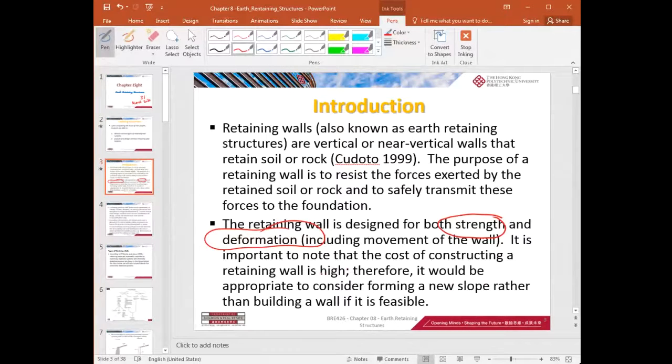So in Hong Kong, it's very common to see very high retaining walls. And also, in parallel, you have either a retaining wall or a very high and steep slope next to our wall or next to the building structures.